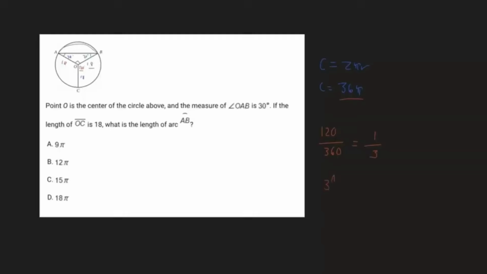So 36 pi, let's just divide this by 3, because we know that this angle represents a third of it. And so we can just do 36 over 3, which is 12, and keep the pi, so we don't have to simplify it completely. And so our final answer here is 12 pi, and it does match up with answer choice B, and therefore that is our answer.